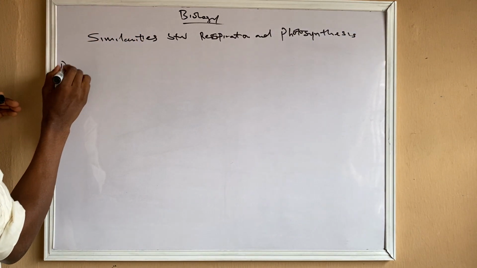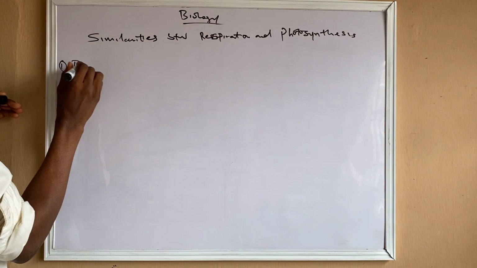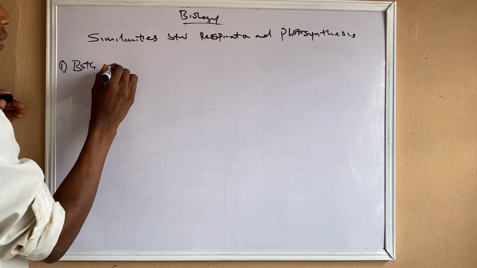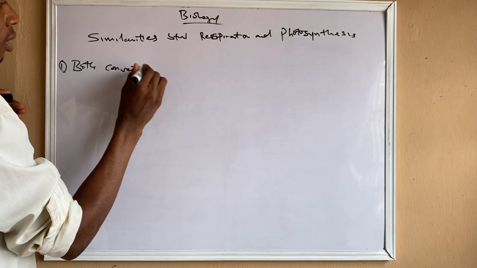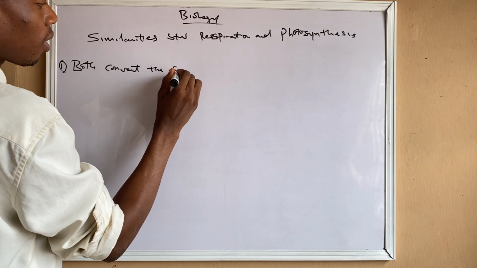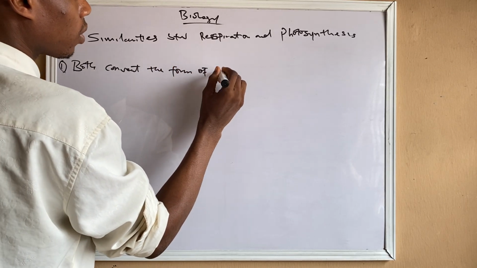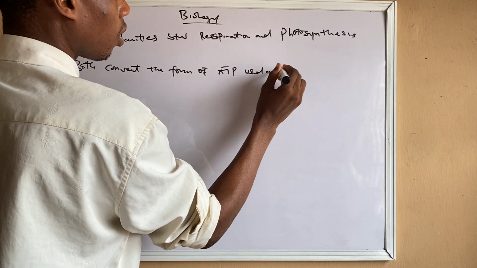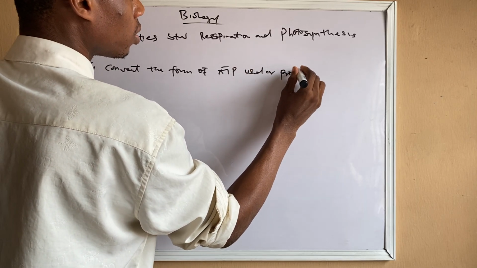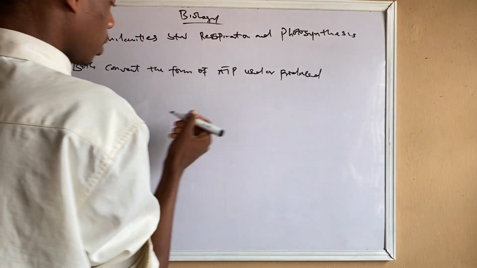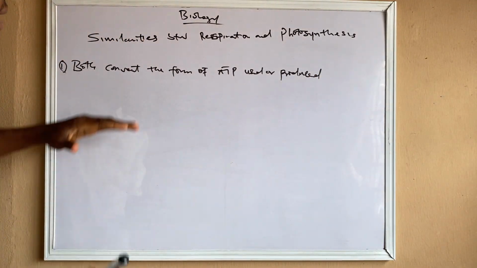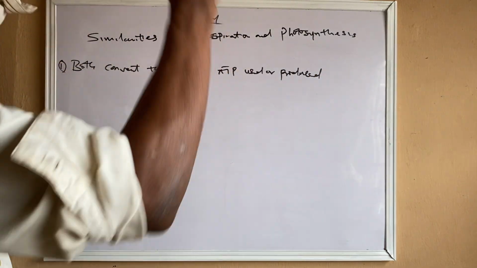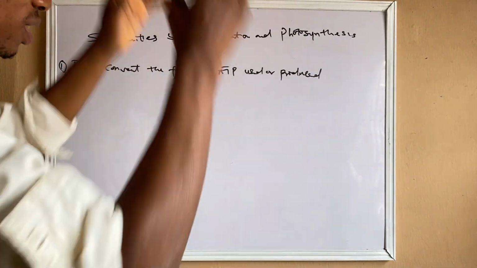The first similarity between them is that both convert the form of ATP used or produced. Yes. In terms of ATP, both have ATP, either being used or being produced.